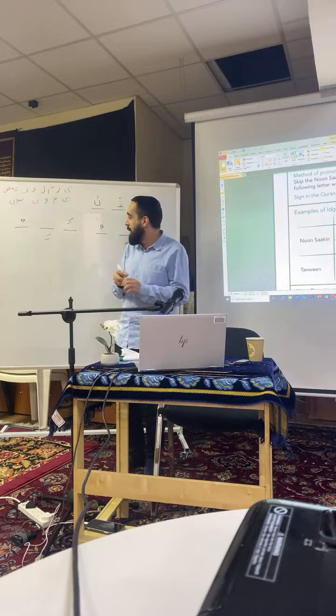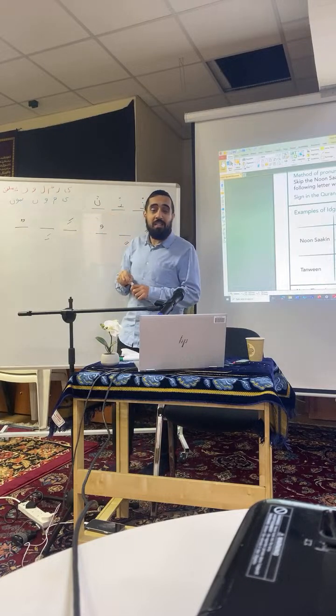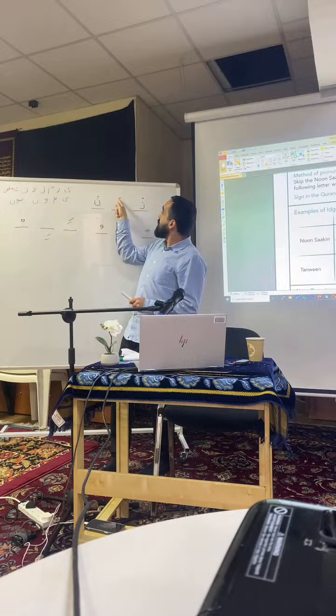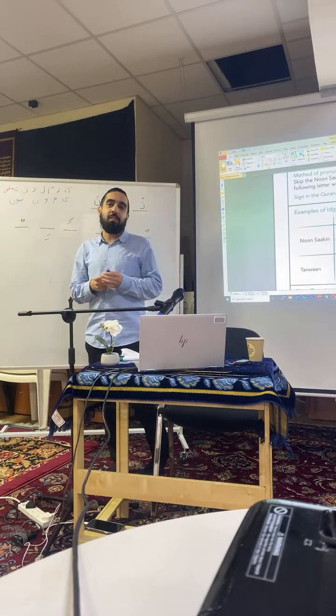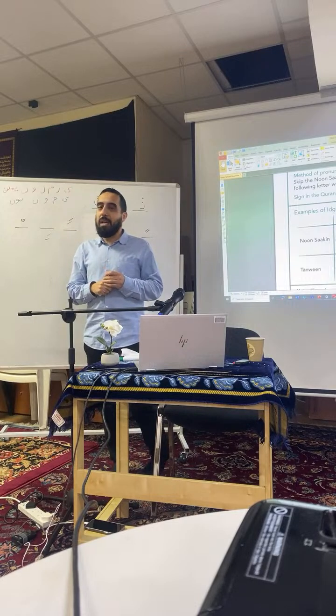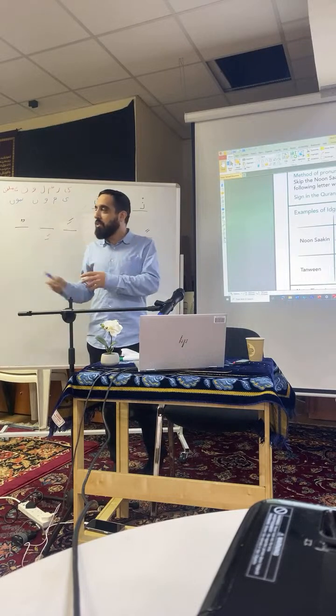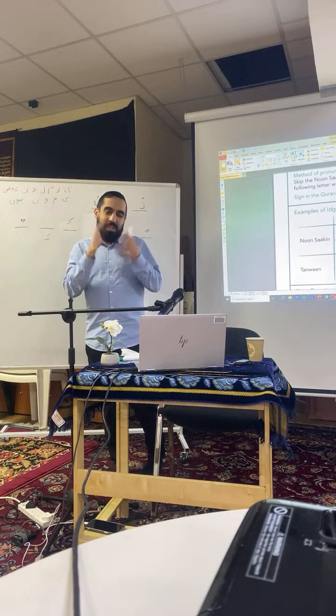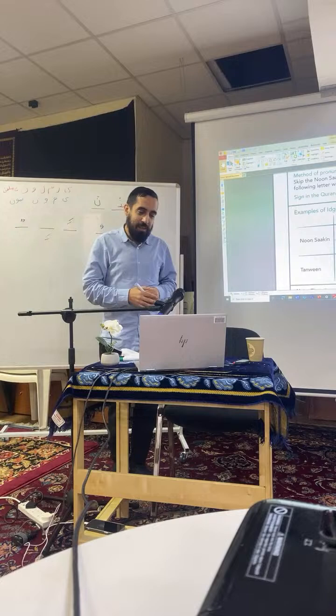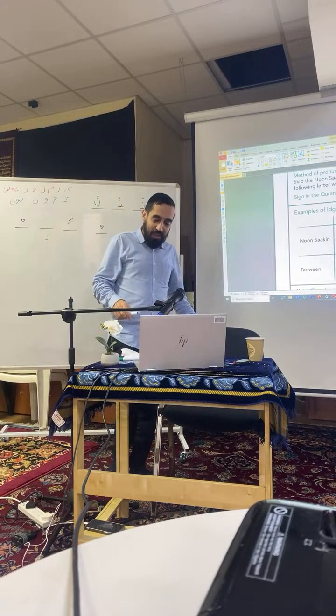You might see the sakins as circles instead of this symbol here. It's better to always stick to Uthman Taha books if you can, and that's the basis of what we would teach tajweed off. That's the standard, and everything else comes in different variations.